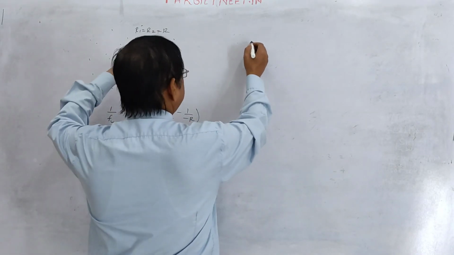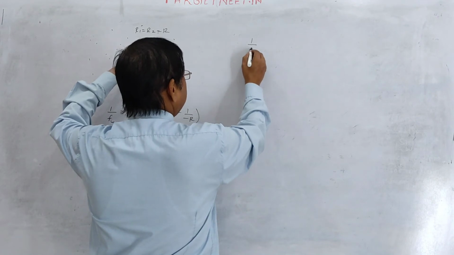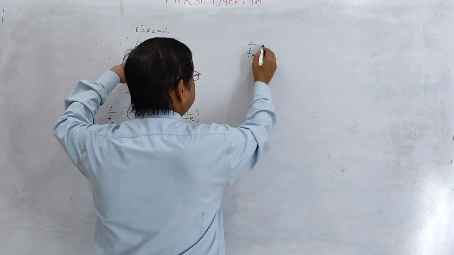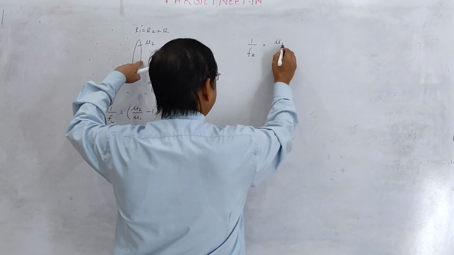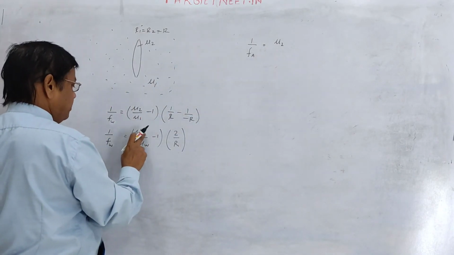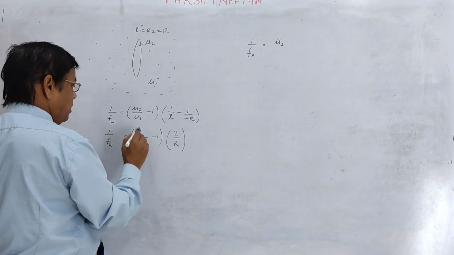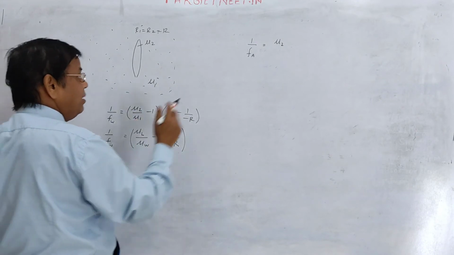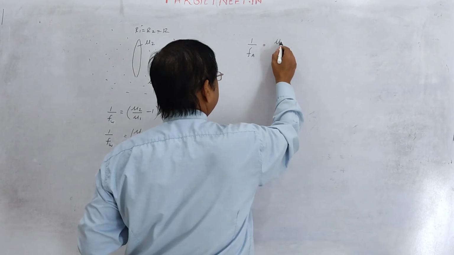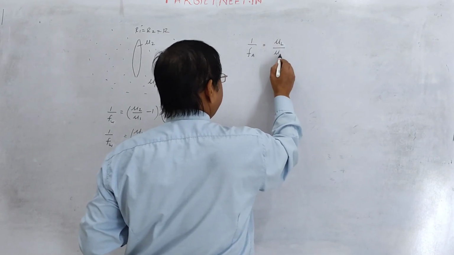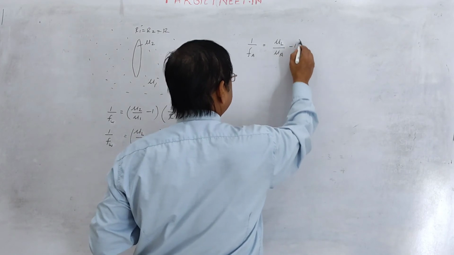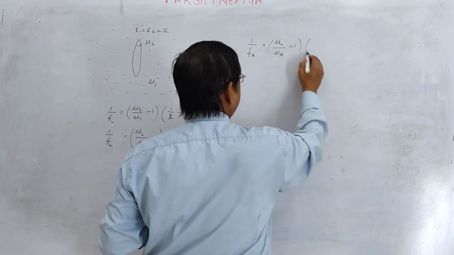And if this is kept in air, then focal length in air will be mu of lens material, that is mu 2, or write it mu L refractive index of lens material upon mu air minus 1, and this will be same.